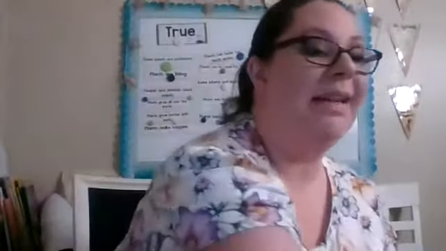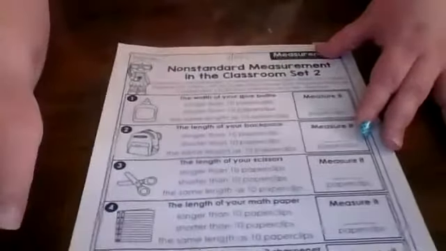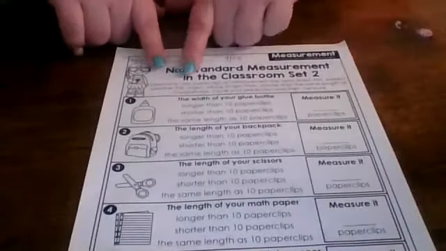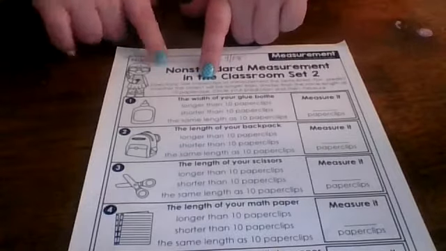So we're going to work together for a little bit to review our non-standard measurement of things in the classroom, and we'll help you with a couple, and then off you go to practice it on your own, okay? So on this first page, and I'm going to turn it around so you guys can see what I'm pointing at. This says to use paper clips.